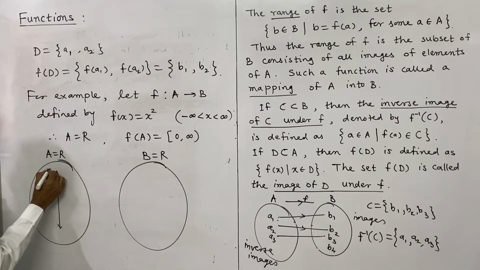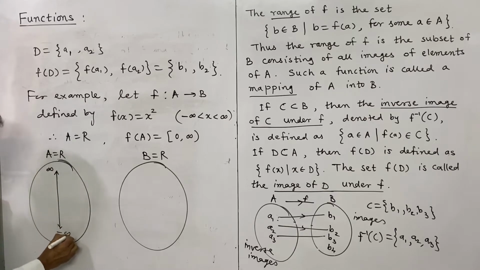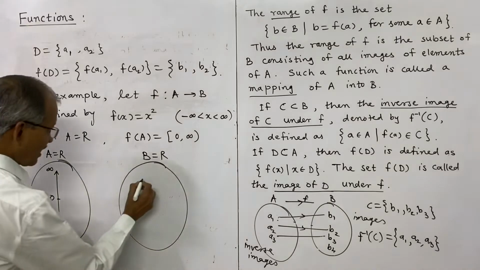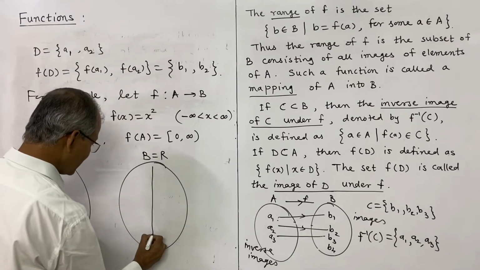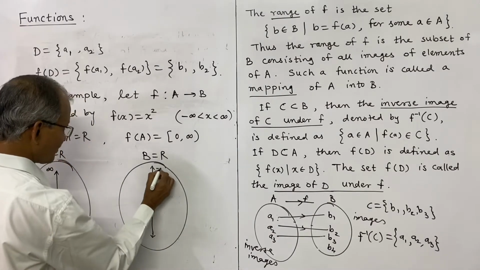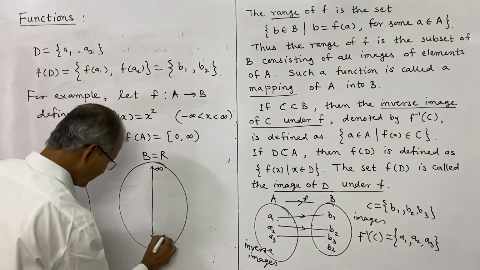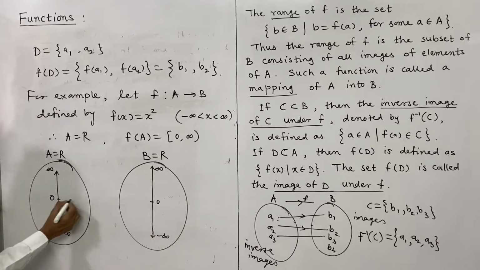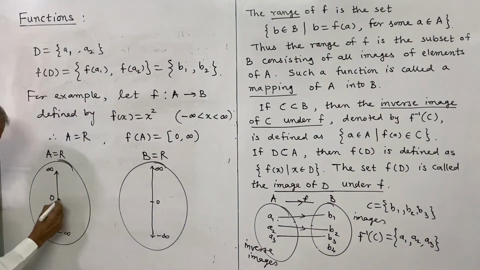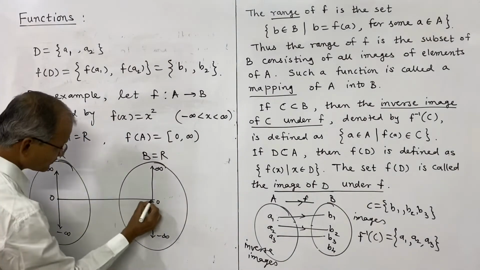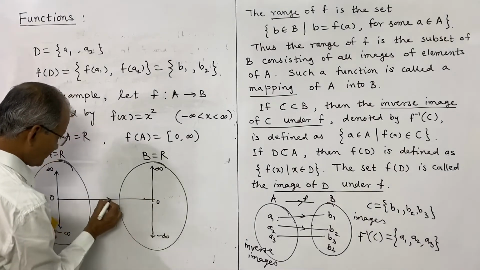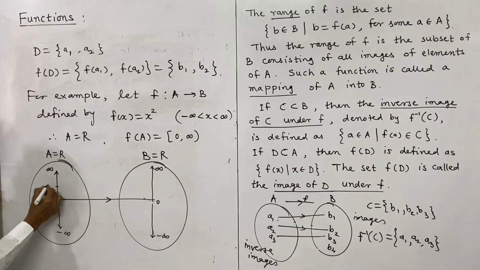Here the elements are from infinity to negative infinity, and say 0 is there, and here also we can consider infinity to negative infinity, 0. But we know that 0 square, the image of 0, is 0. And what is the image of minus 1?